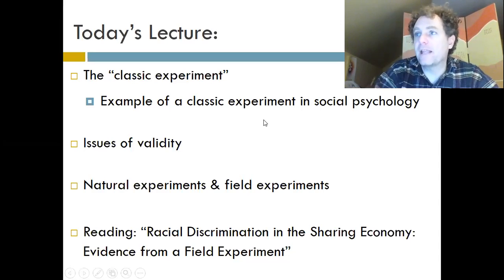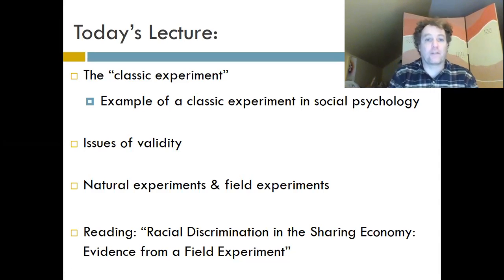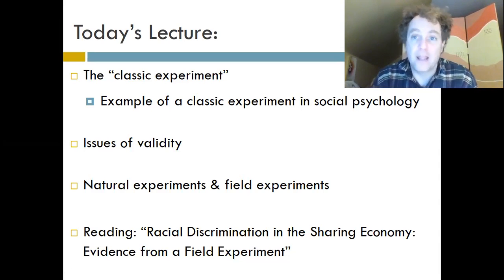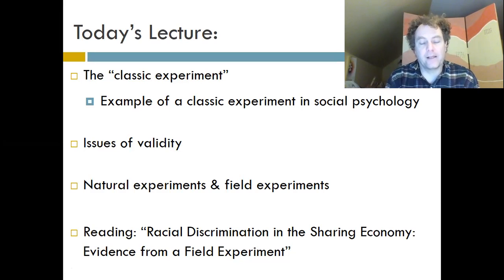Okay, so in today's lesson, we're going to be talking about a few different things. We're going to talk firstly about the classic experiment, right? This is kind of the gold standard of experiments, how classically you're supposed to run an experiment, and then give an example of a classic experiment within social psychology. It's one that gets pretty close to sociology.